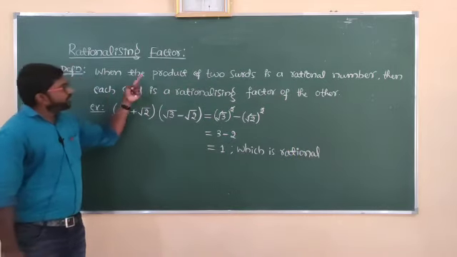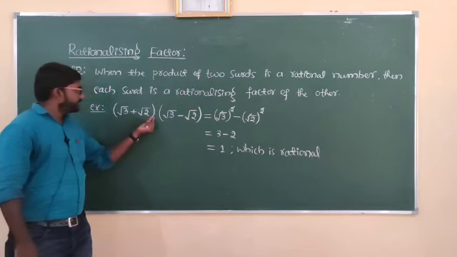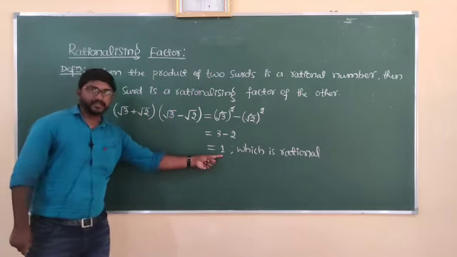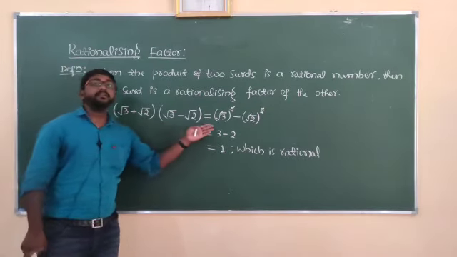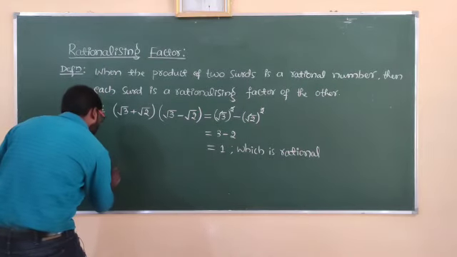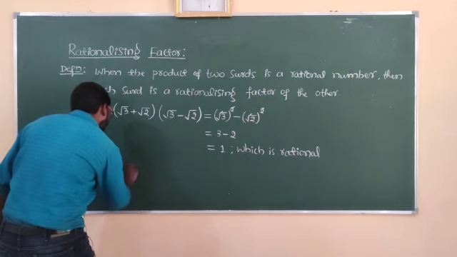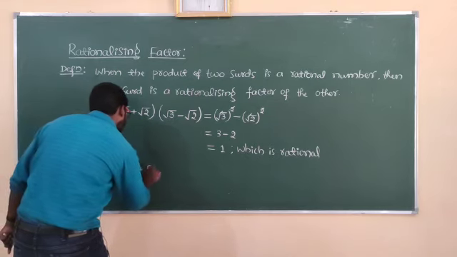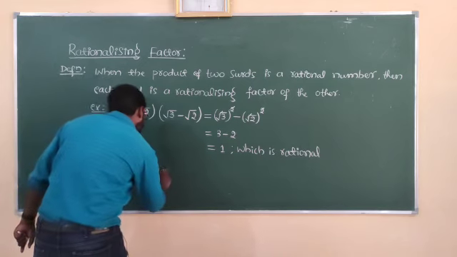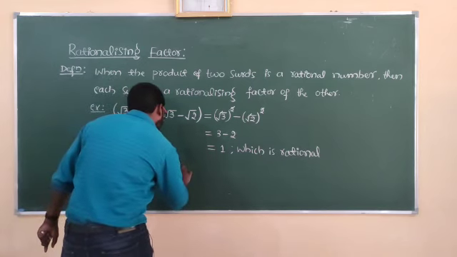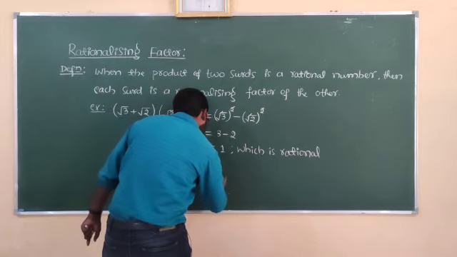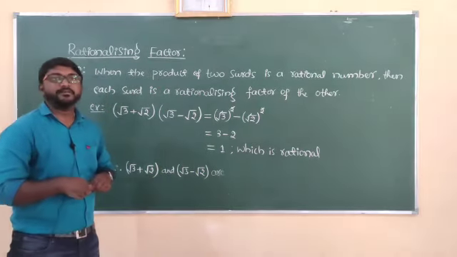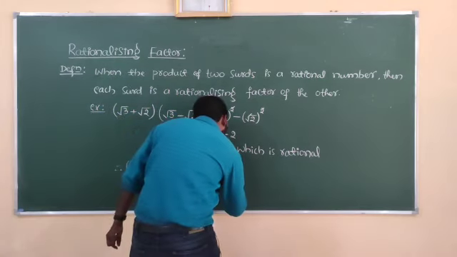When the product of two surds is a rational number, then each surd is a rationalizing factor of the other. Therefore root 3 plus root 2 and root 3 minus root 2 are rationalizing factors of each other.